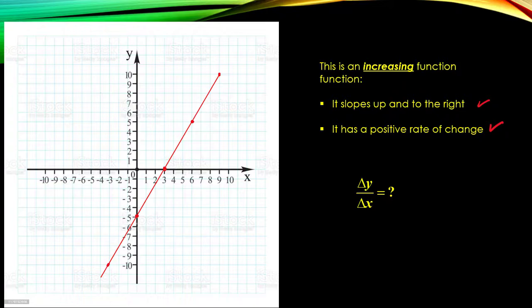I'm going to draw in the slope triangle. From 6 to 9 on the x-axis is 3, and then from 5 on the y-axis to 10 on the y-axis is an increase of 5. So my rate of change, the change in y divided by the change in x, gives us 5/3.